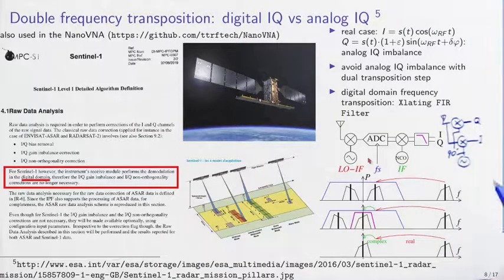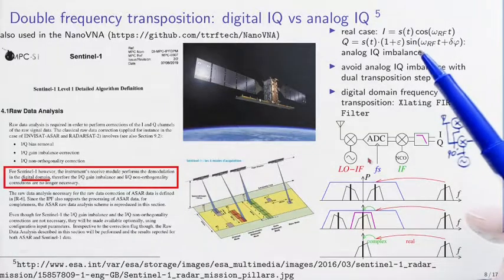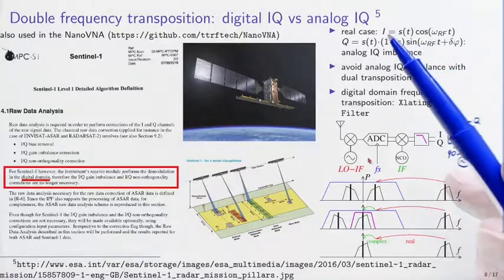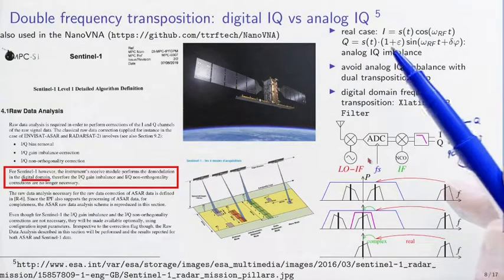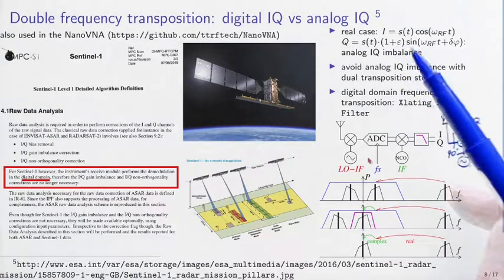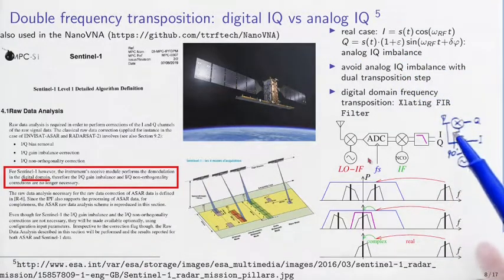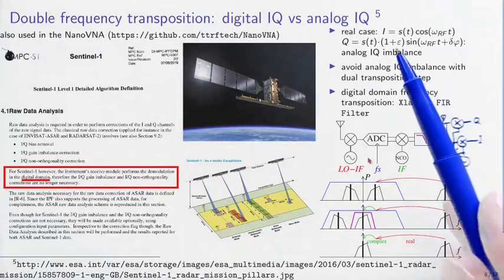The practical implementation of an analog IQ detector is flawed with these two issues: if we assume that I is perfect, then Q might exhibit some imbalance in terms of amplitude. The amplitude might not be exactly 1, but this phase shifter might introduce some amplitude variation.